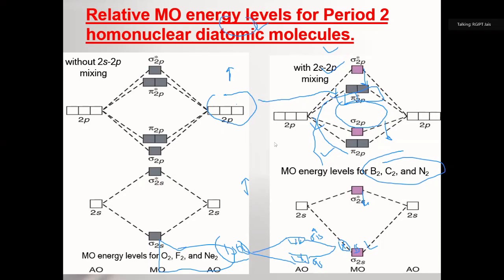According to molecular orbital theory, the atomic orbitals which have the same energy level, or maybe different energy levels, after hybridization or after bonding give different molecular orbitals which have different energy. This is the next and final theory.